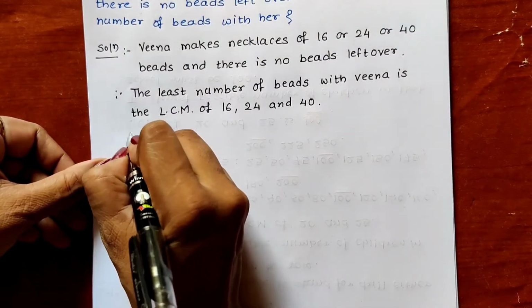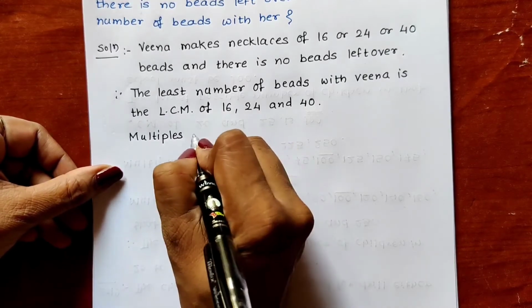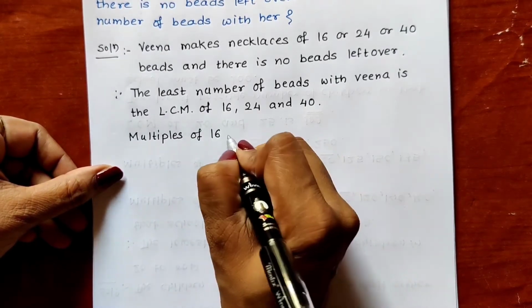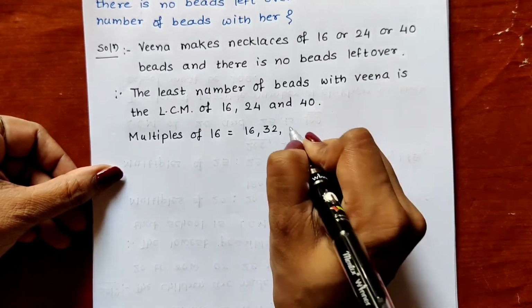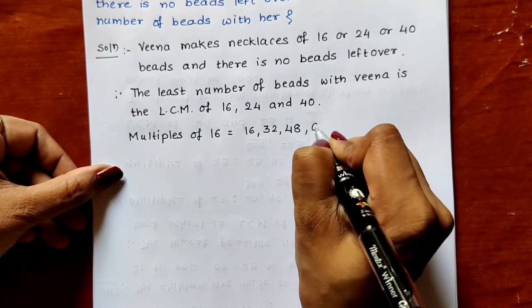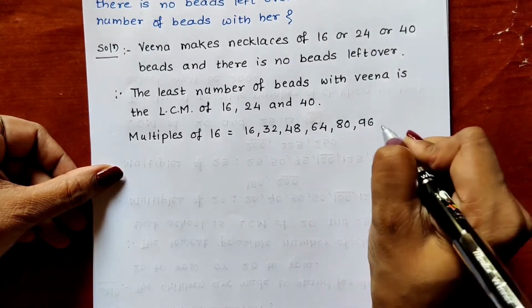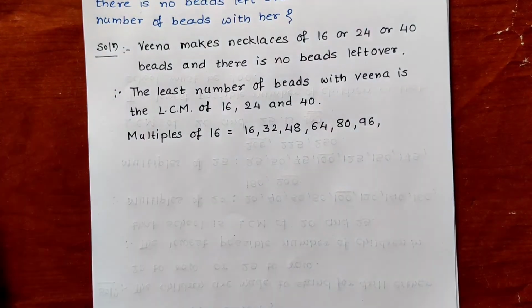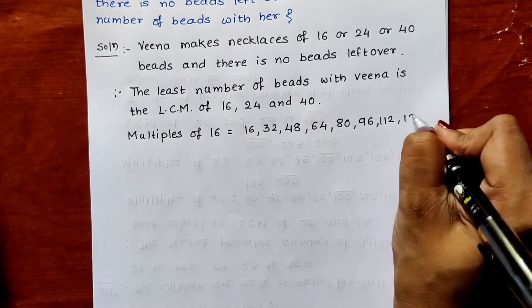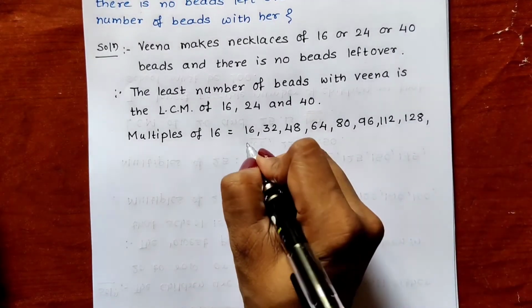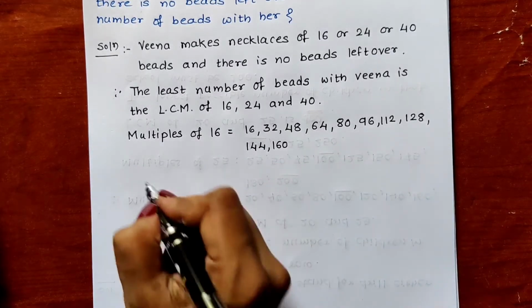First we find the multiples of 16. That means we have to write the table of 16. And 16 tens are 160.